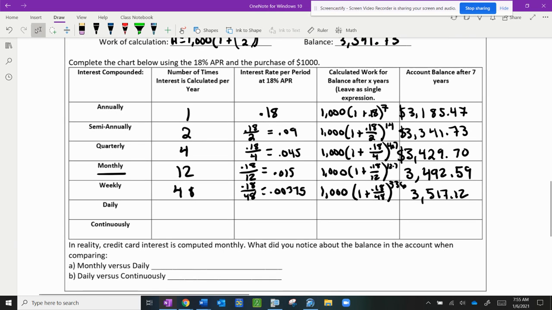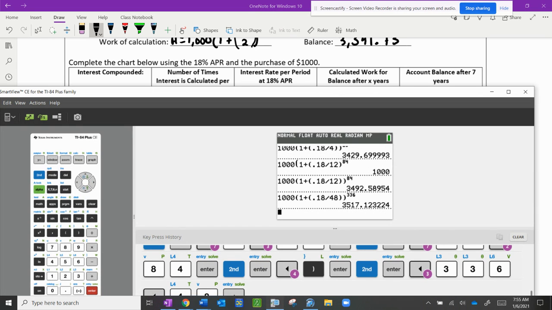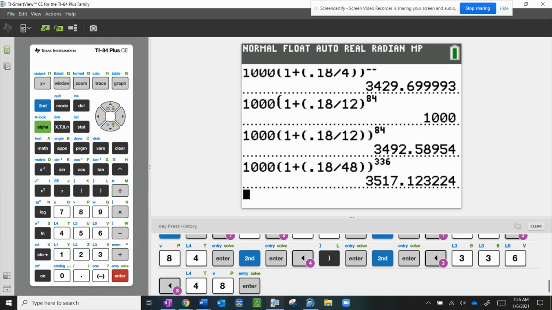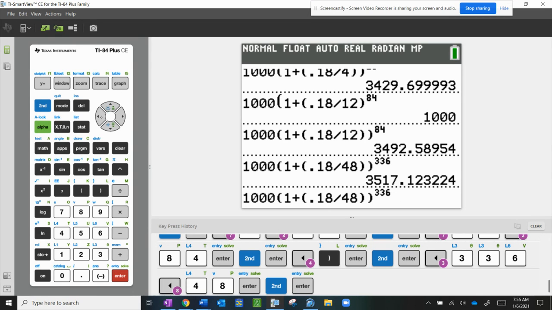And then I'm going to say, what if I do this daily? So that's 365 approximately. 0.18 divided by 365. I'm not going to write that decimal. It's going to be too nasty. I'll let my fraction take care of that. So 365, and then 365 over 7 years. That is going to be 2,555, and then back to my calculator, and let's take a look.